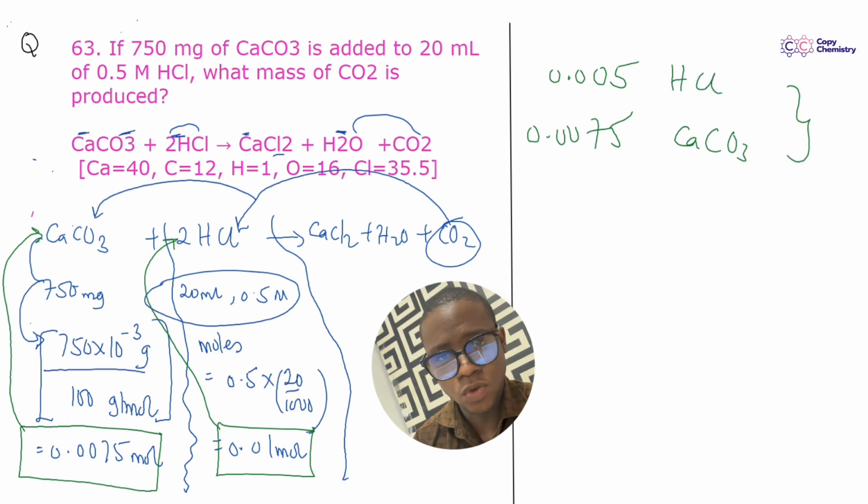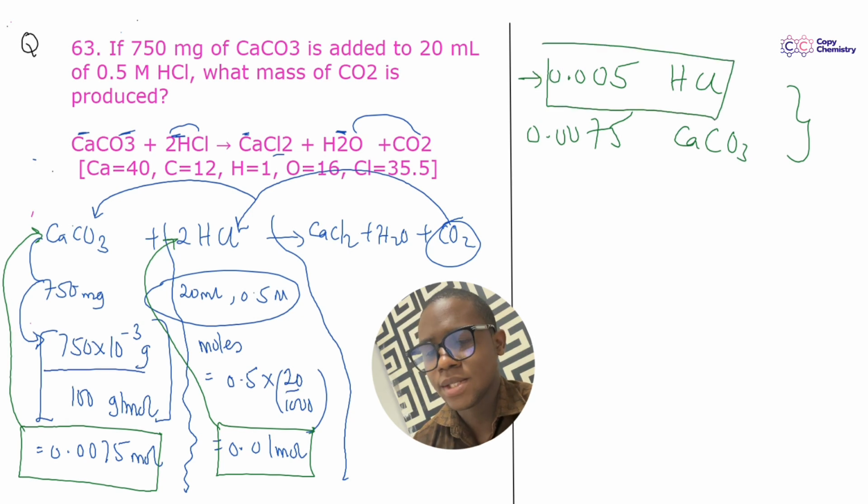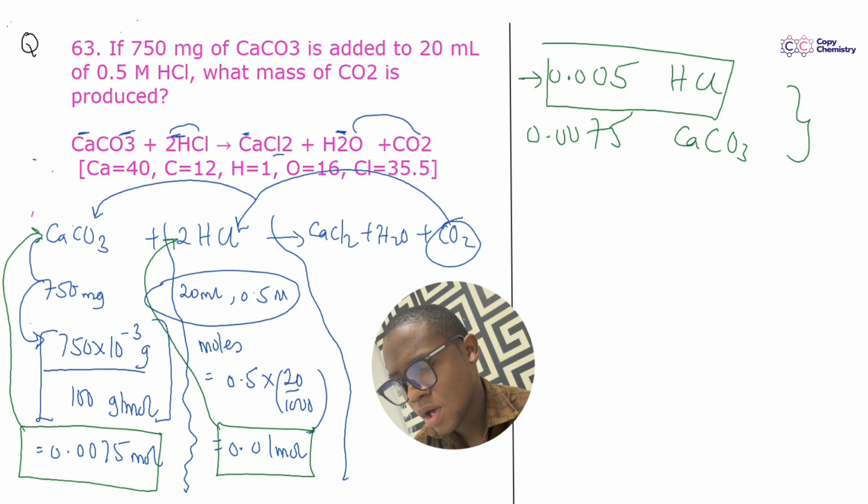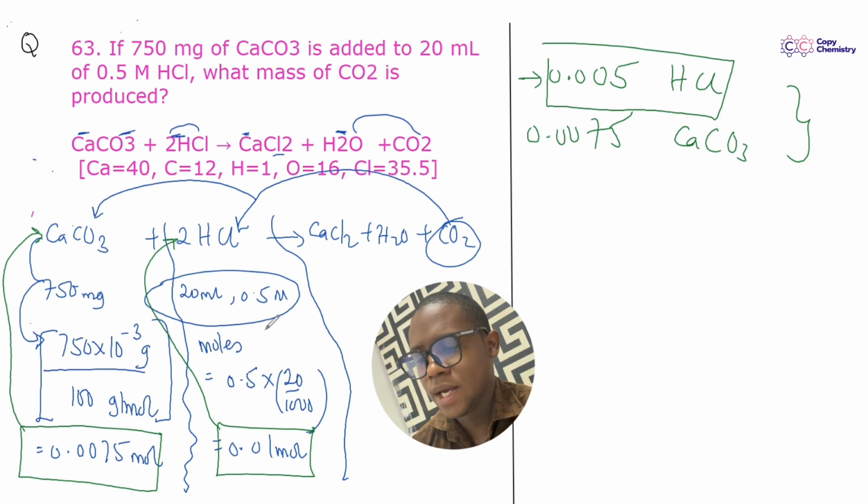You don't have to show it, you do it on a scrap paper. Right, so 0.0075 is for CaCO3 and our HCl is 0.005, which is smaller. That is smaller than 0.0075. Therefore, our HCl is the limiting reagent.